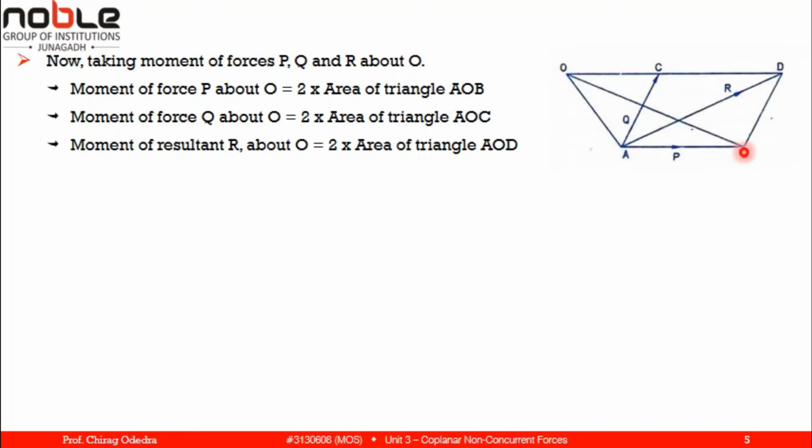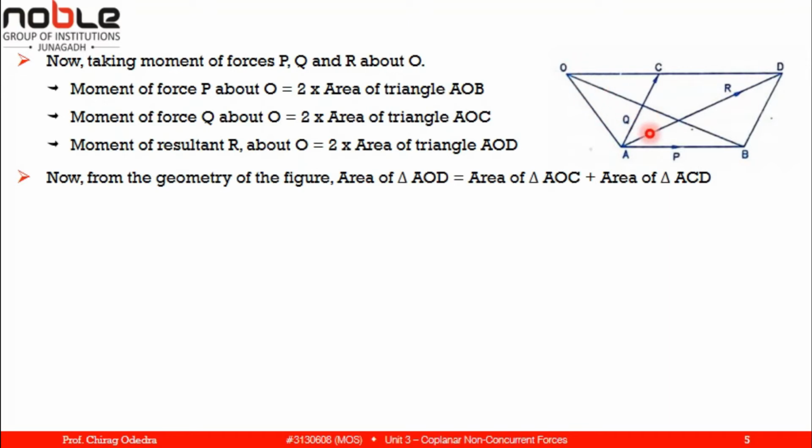Now the moment of force Q about point O is equal to 2 into the area of triangle AOC. And lastly, the moment of resultant R about point O is equal to 2 into the area of triangle AOD, this bigger triangle.